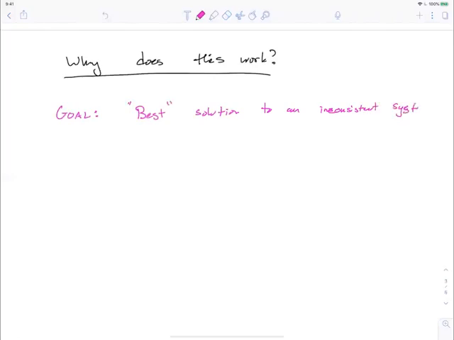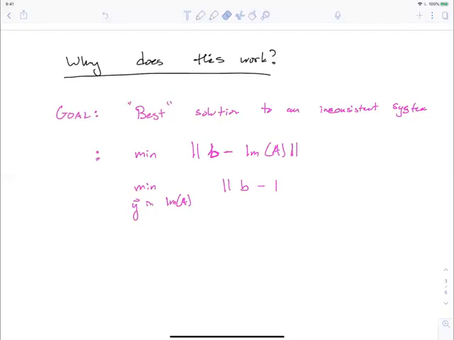But that's kind of vague mathematically, so we're going to put this in a more mathematical context. The goal is going to be to minimize the distance between B and the image of A. More concretely, we want to minimize over all vectors Y in the image of A the norm of B minus Y.